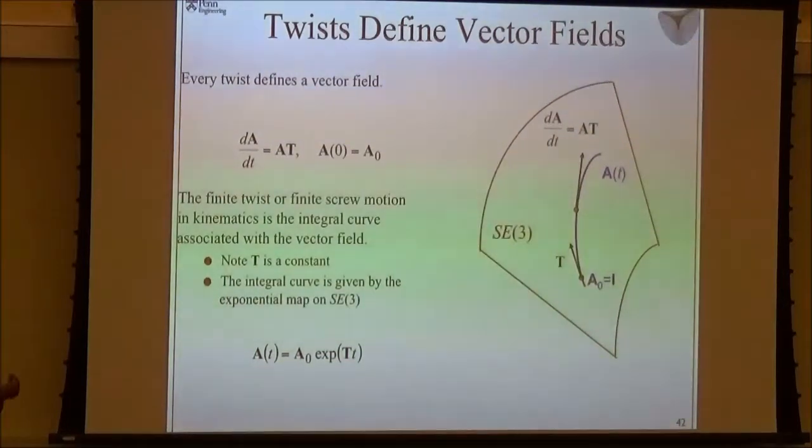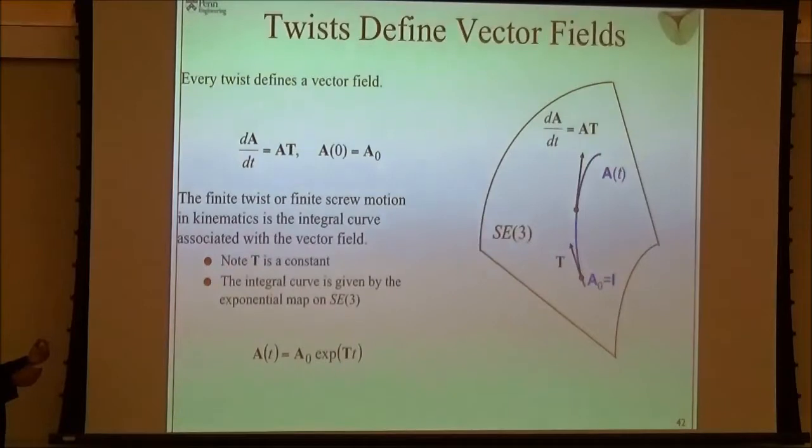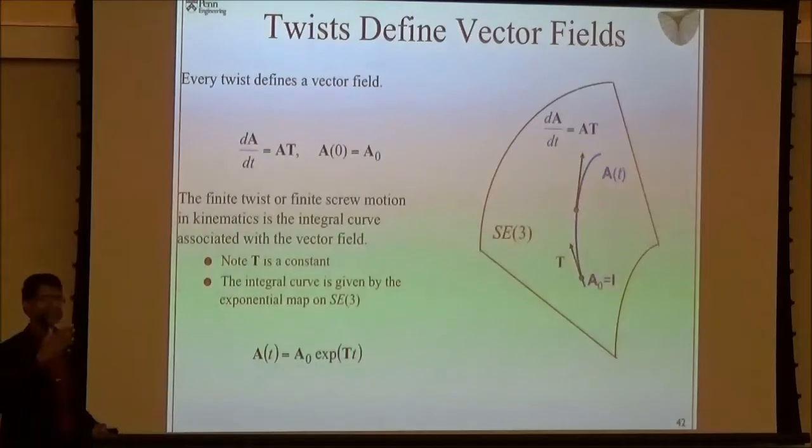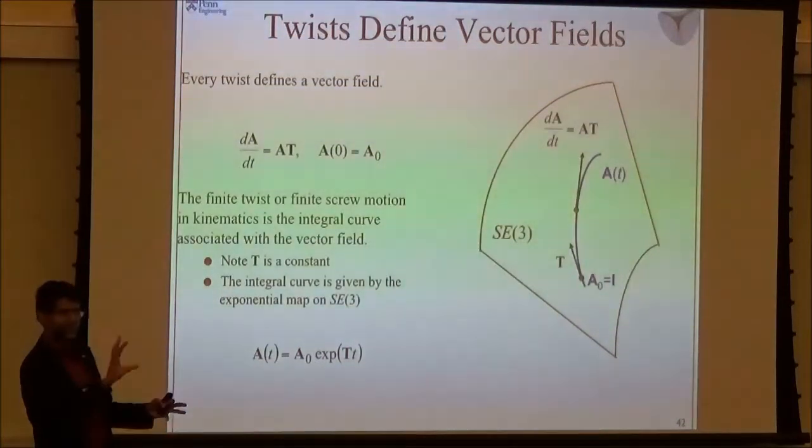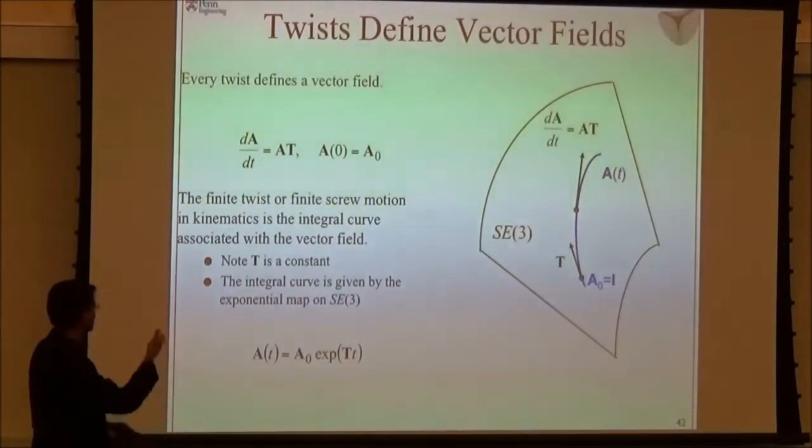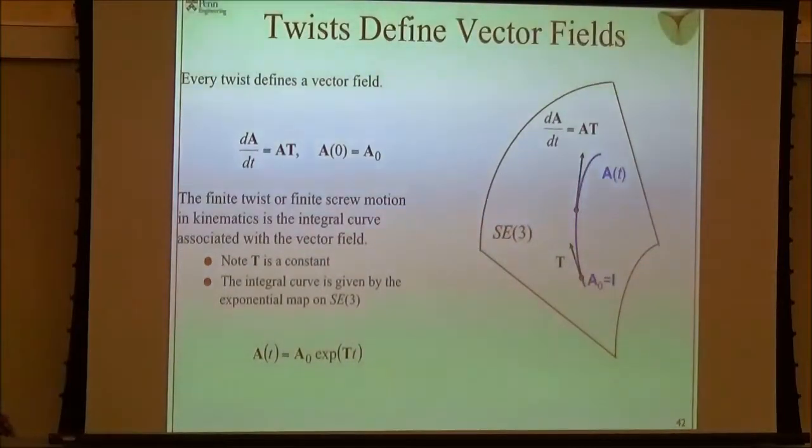So what we've done is essentially gone from an infinitesimal vector, a twist, which is just angular velocities and linear velocities, to a finite motion. So this is a finite twist, or a finite screw motion. So essentially you're saying I'm going to keep the velocities at a constant value, and I'm going to move. And that gives you a finite motion or finite screw motion.